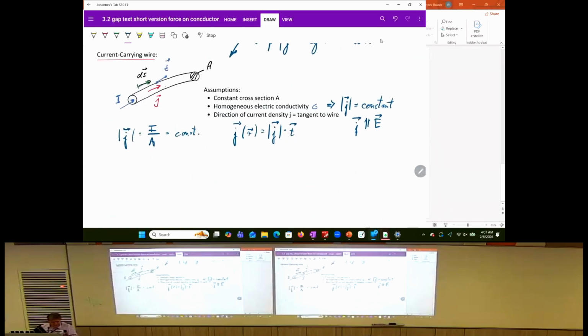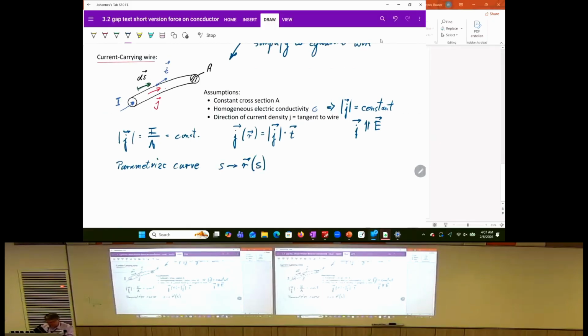Now we want to integrate over the wire, so we can do the parametrization of the curve. We make a curve where the curve vector r is given as a function of this parameter s, and the tangential component is this parameterized r derived with respect to s.